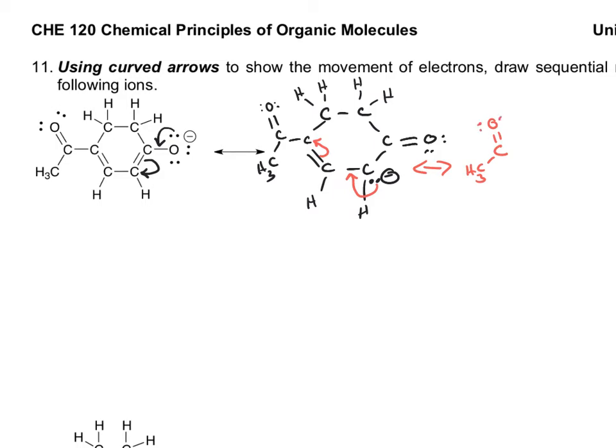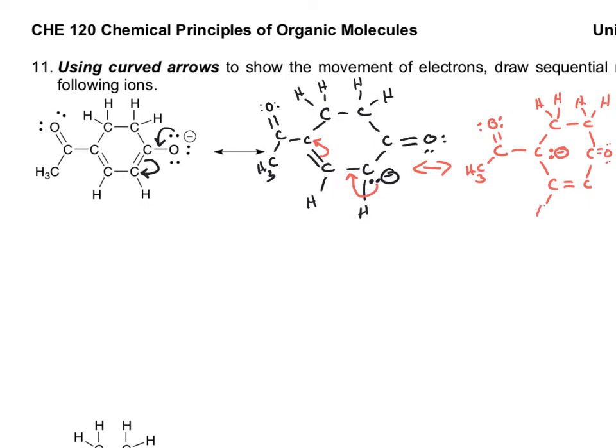It's going to give you this. Like that. This is going to be our negative charge. If you count, 1, 2, 3, 4, 5. Carbon should have 4, so 4 minus 5 is negative 1.